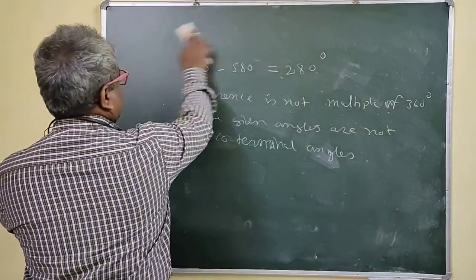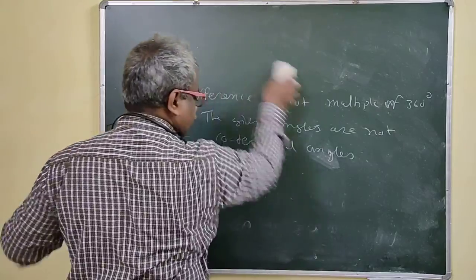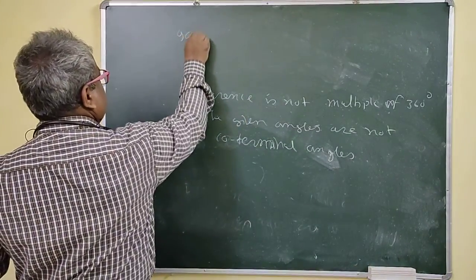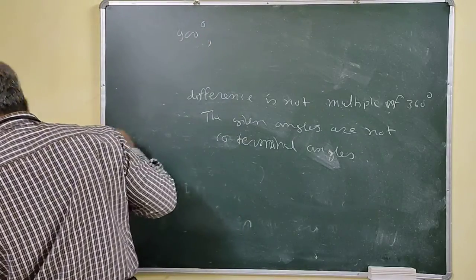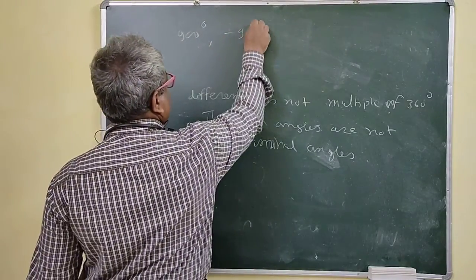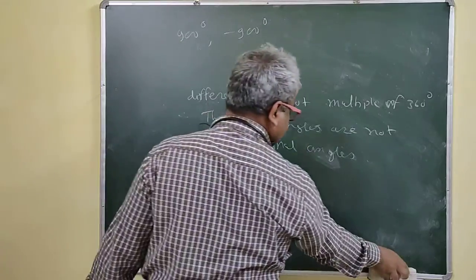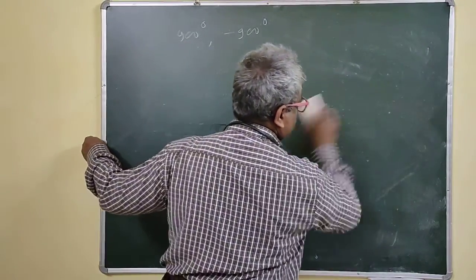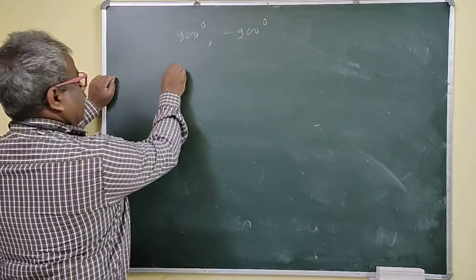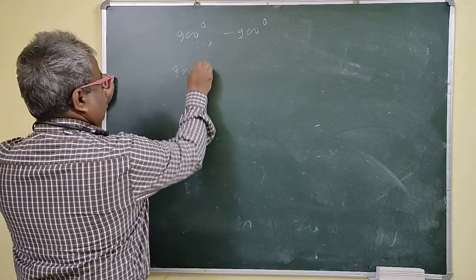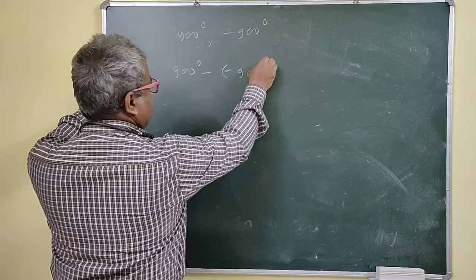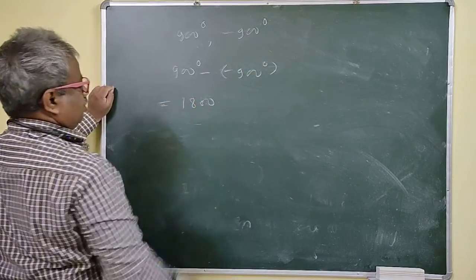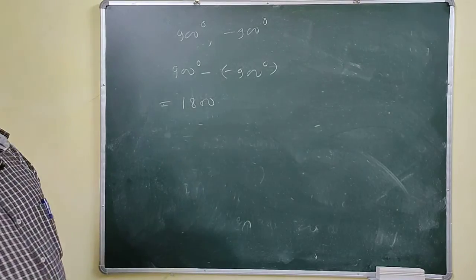Okay, so we'll see the last example. 900 degree, minus 900 degree. So 900 minus minus 900, this is 1800 degree.